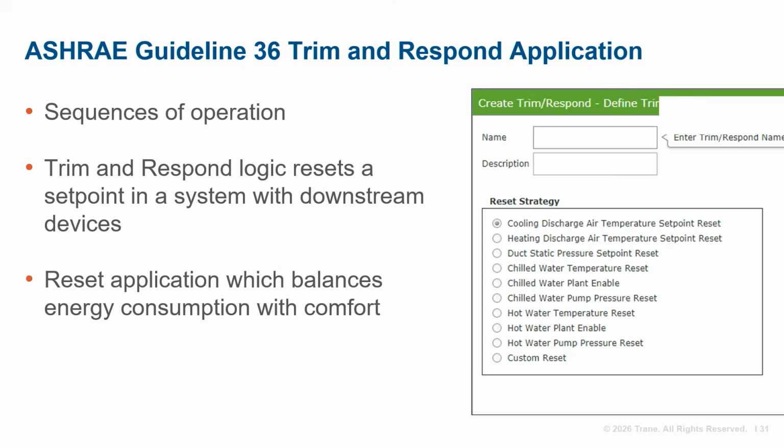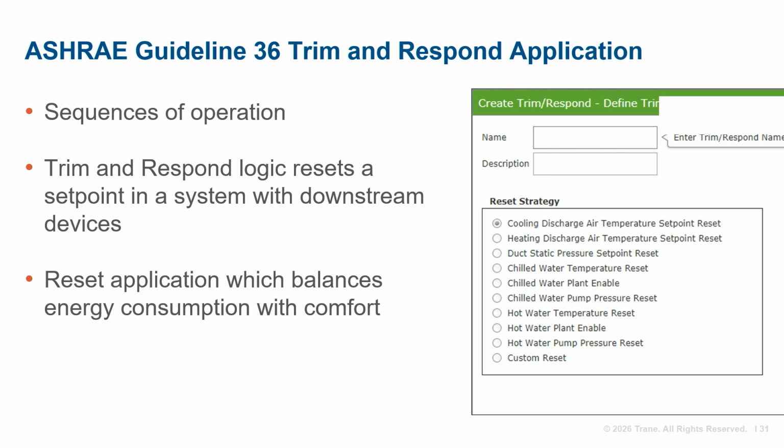As I mentioned before, ASHRAE Guideline 36 aims to provide uniform sequences of operation for HVAC systems to maximize energy efficiency, performance, and control stability. The guideline includes the trim and response setpoint reset logic, which resets any setpoint in a system with downstream devices.